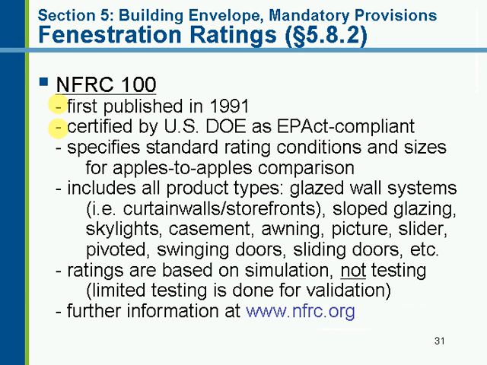Well, NFRC went ahead and developed that, and the Department of Energy has certified that it complies with the EPAct criteria. NFRC 100 specifies standard rating conditions, so inside temperature, outside temperature, wind speed, and it's also got standard rating sizes, so you'll have an apples-to-apples comparison.